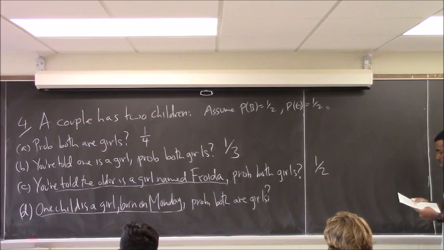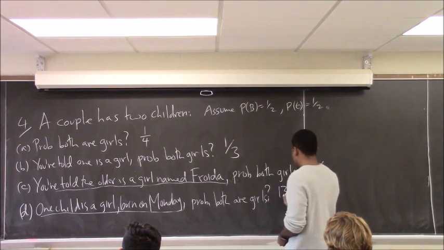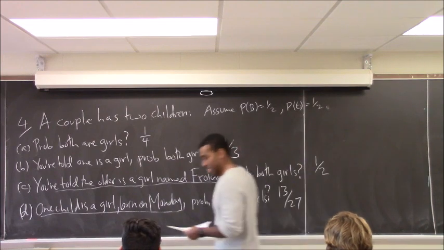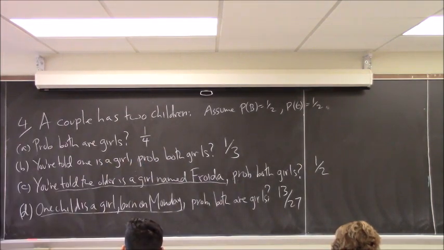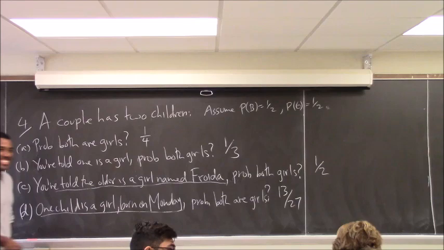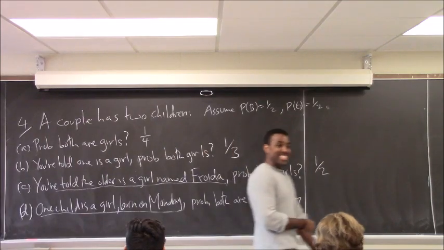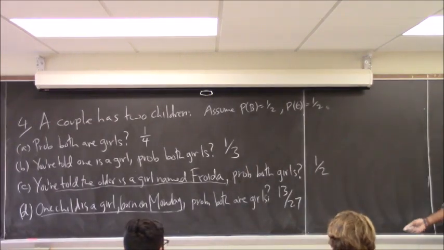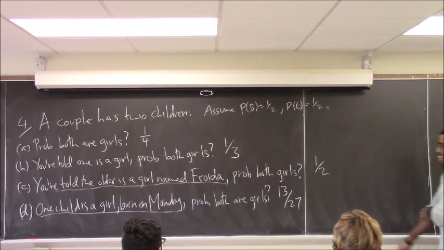Yeah, I just said one of the girls was born on a Monday. I didn't say it was the older girl that was born on a Monday. Yeah, that's true. 13/27 is the answer. Yeah, it was closer. But this isn't like The Price is Right. The game show problems are done. Yeah, okay.